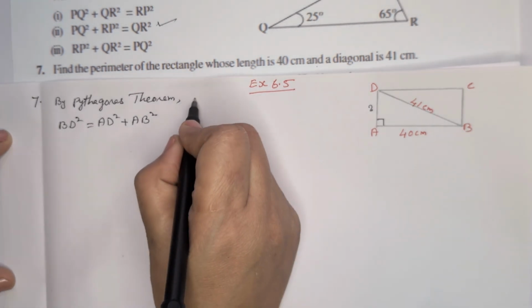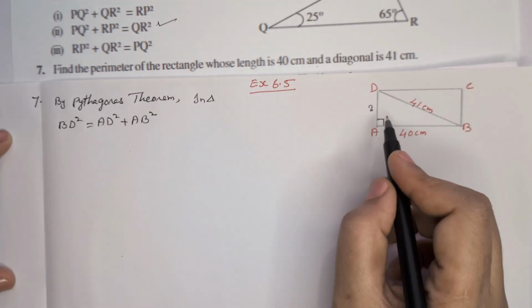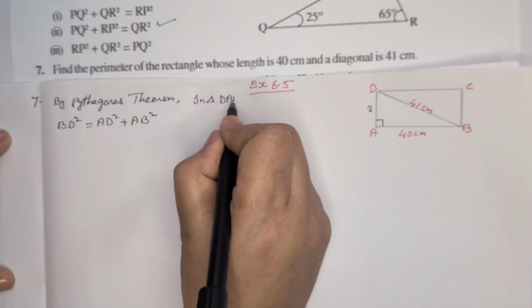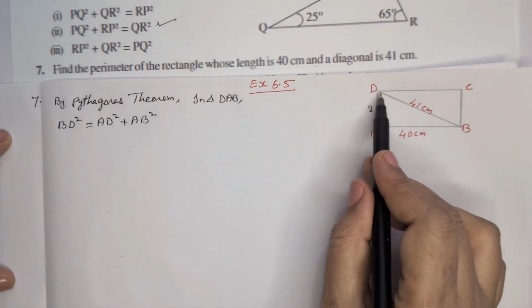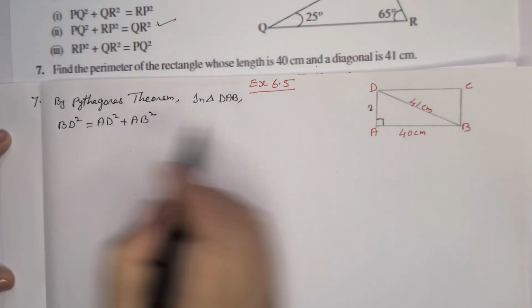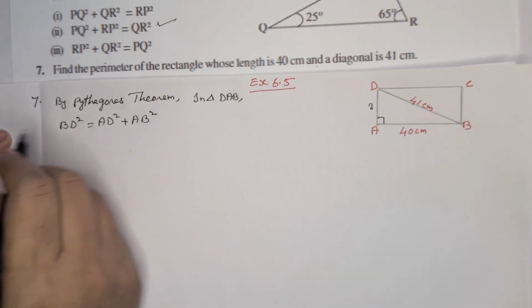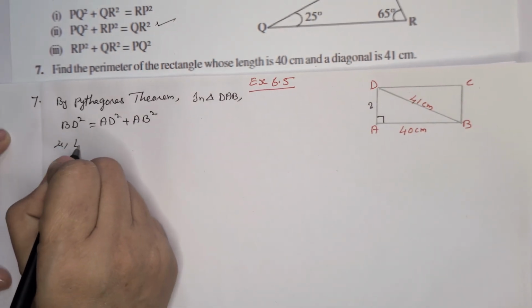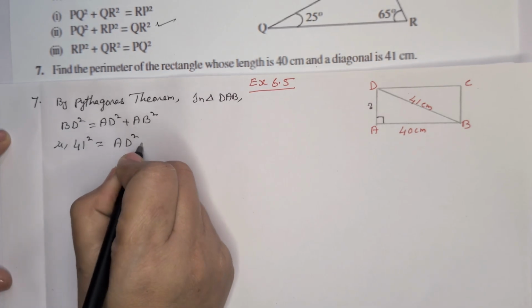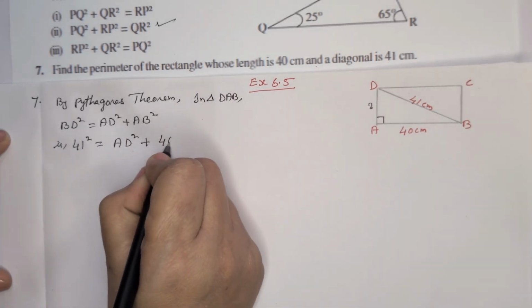In right angle triangle DAB, we can write BD square is equal to AB square plus AD square. So here BD, that is 41 square.